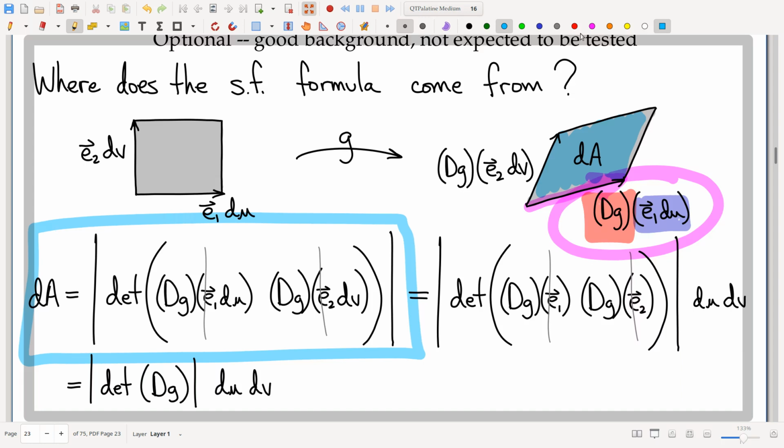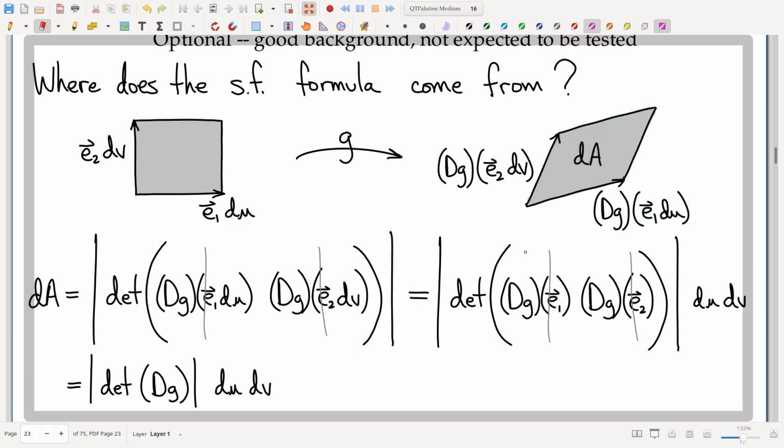These formulas right here, that is that first column of that matrix. Again, that's how you compute the area of a parallelogram. Likewise for the other one. And then y'all can do the resulting linear algebra. This is a good exercise. Make sure you're good with that linear algebra. Come ask me if you have any trouble, of course.